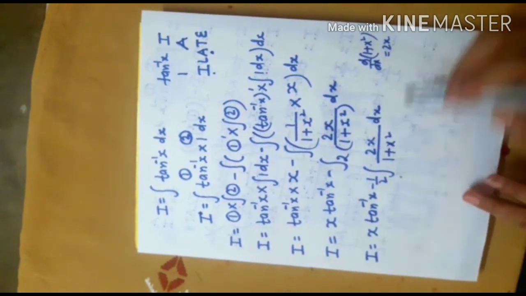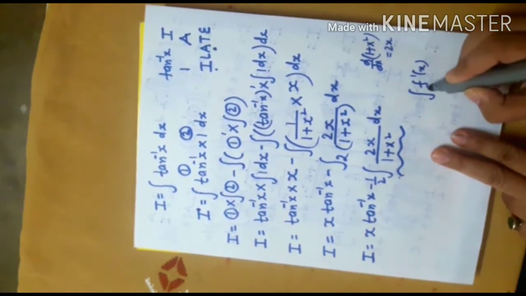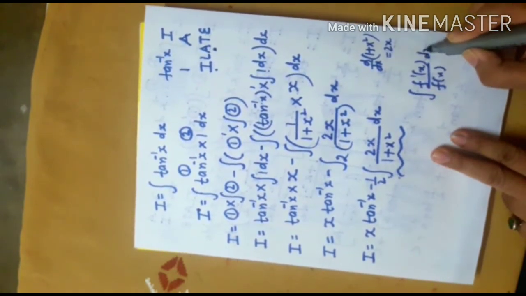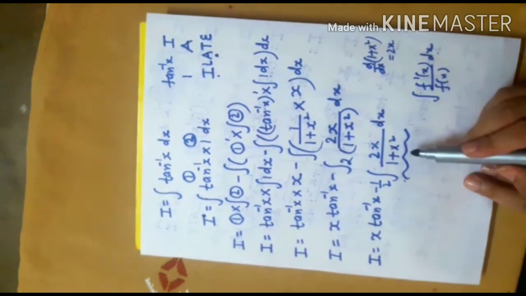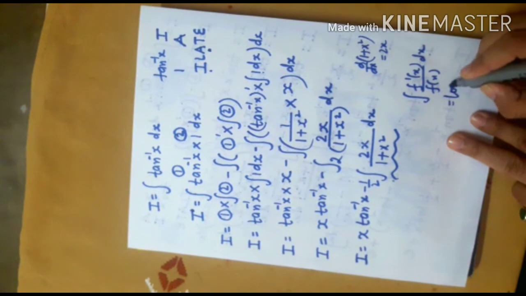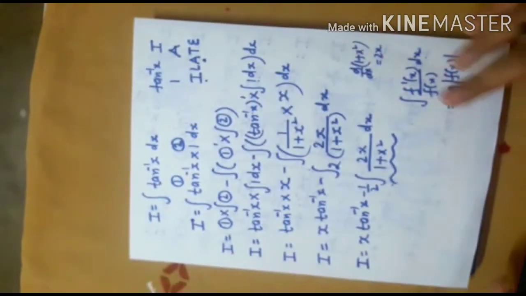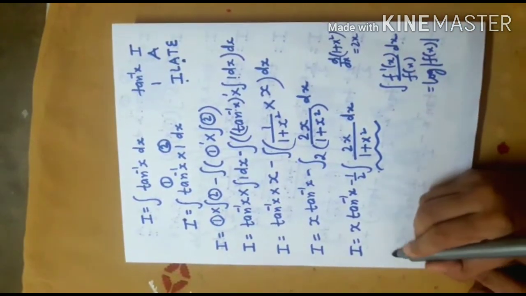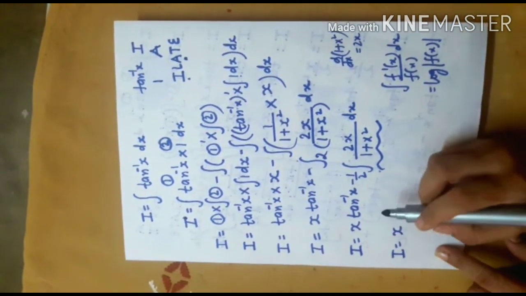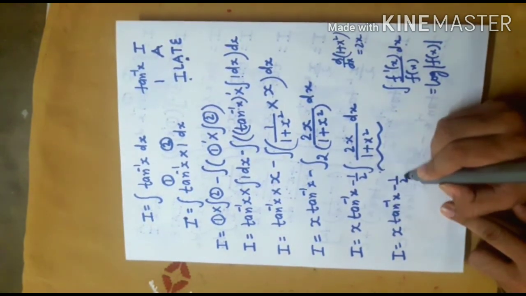Now do you agree? This integral is of this form, f dash x over f x. Numerator is the exact derivative of denominator. So integral will be log of denominator. So I'll get x tan inverse x minus 1 by 2.